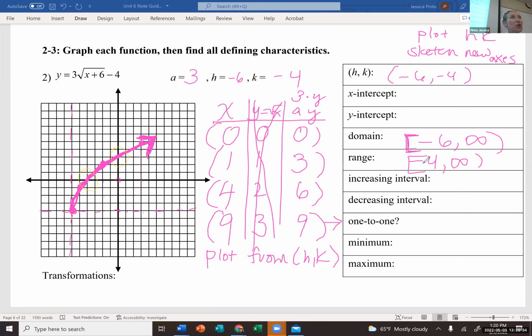So what we do is we trace the function with our finger. Nick, increasing or decreasing? I agree. When I traced it, my finger was going up overall. So this is increasing, meaning decreasing is NA. And what do we say for the increasing interval?